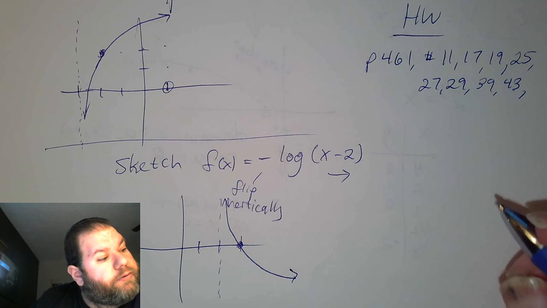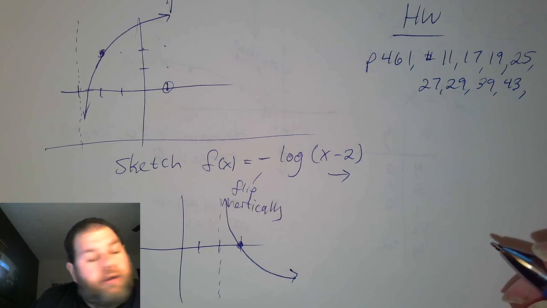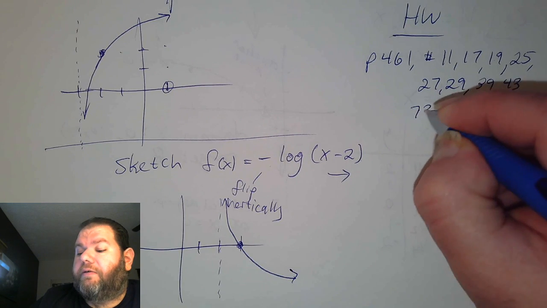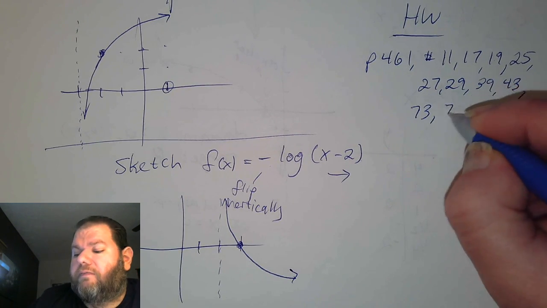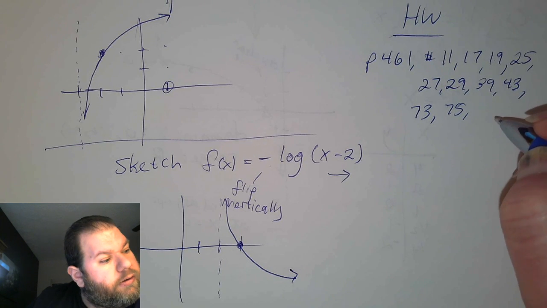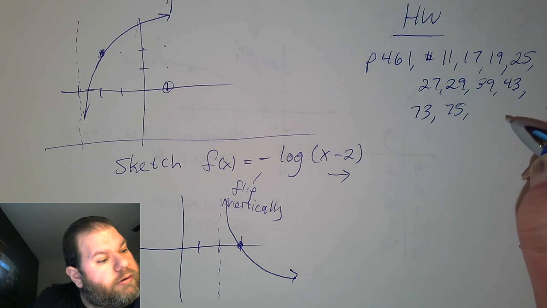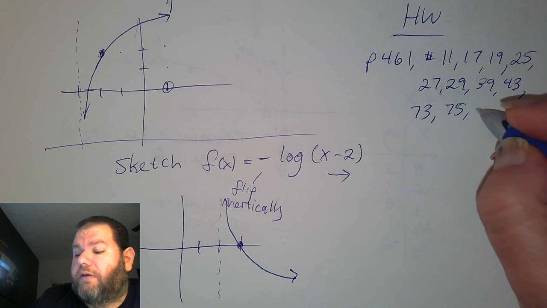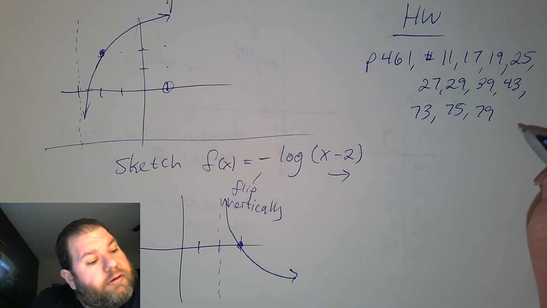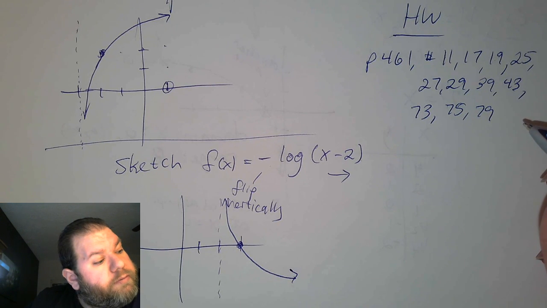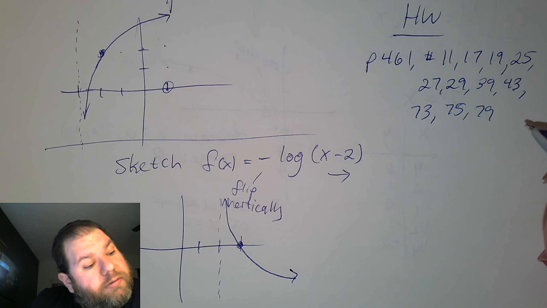Let's see, so for graphs, go ahead and look at 73, 75, 79 is good, and one with a reflection. Maybe not.